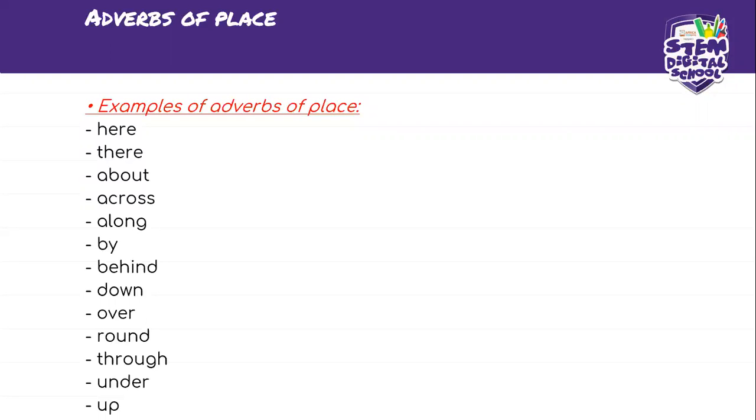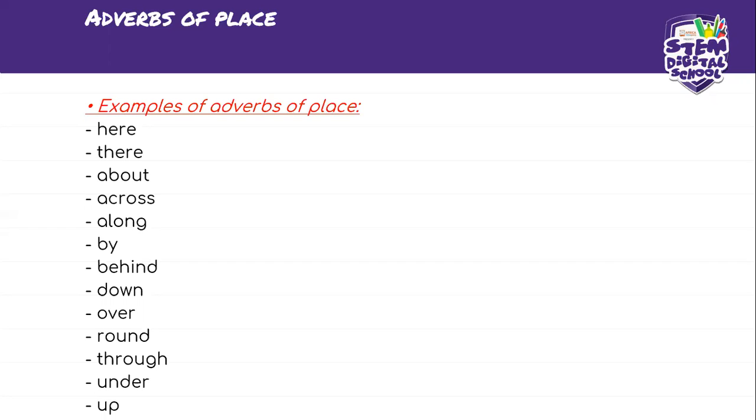What you need to realize from these examples is that every time you see these words being used in a sentence, you should know that these words, which are the adverbs of place, are telling us about where or the place where an action has been taken, where something happens.